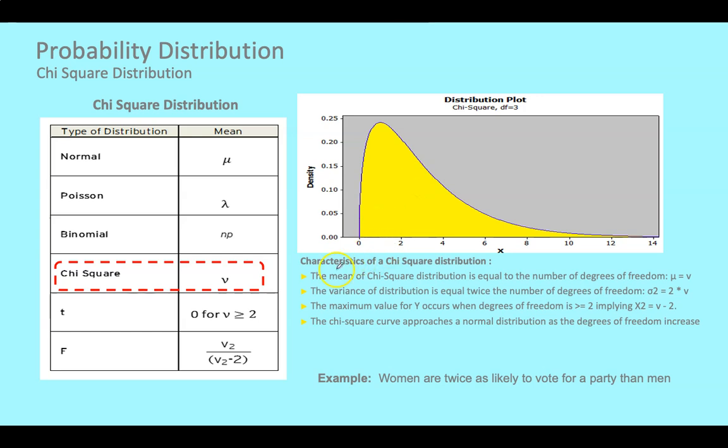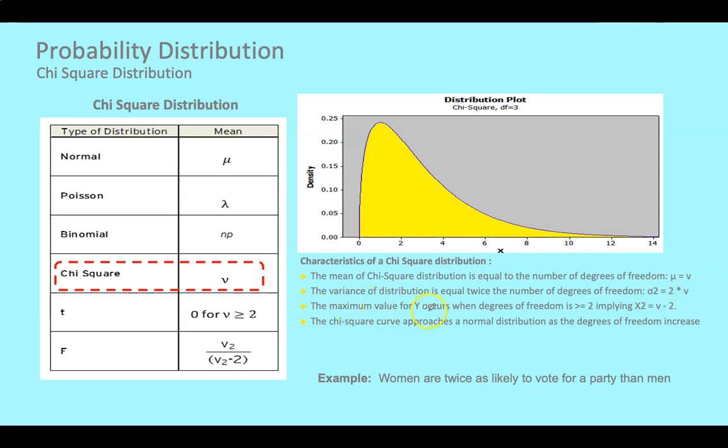The mean of the chi-square distribution is equal to the degrees of freedom, mu equal to v. So this is the degree of freedom of the chi-square distribution. The variance of the distribution is equal to twice the degrees of freedom, that is, 2 into v.